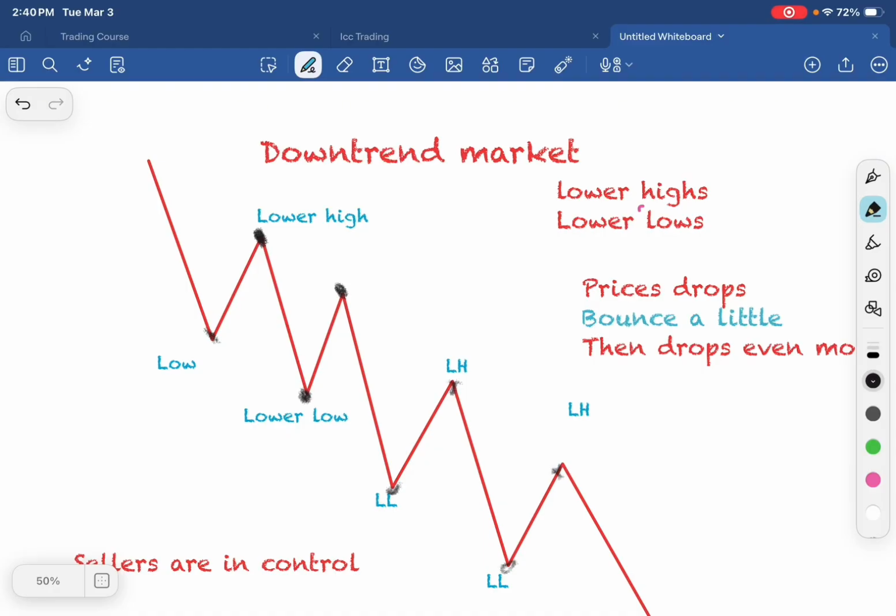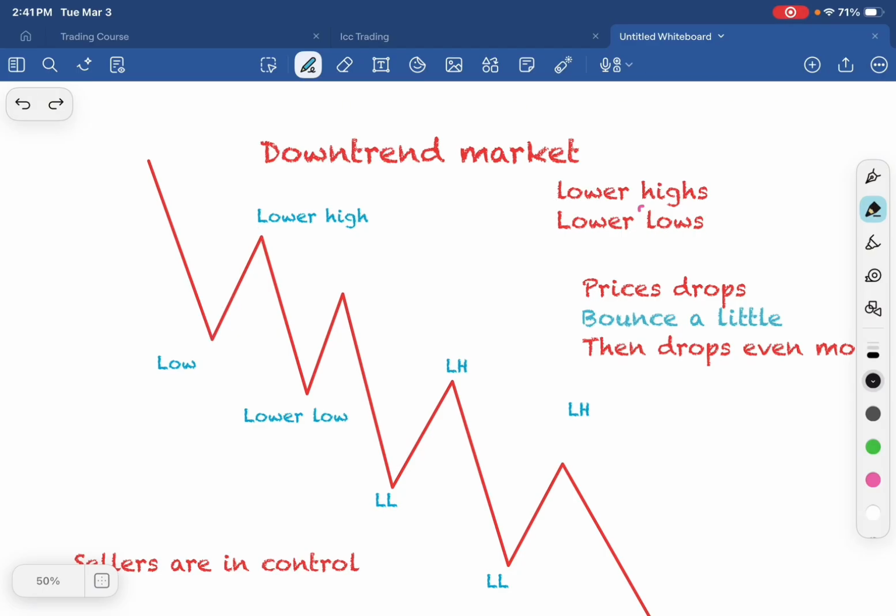So imagine price dropping. When price drops, it bounces back a little, like a ball bounces, then it drops a little further. Then the ball bounces, then it drops a little further, bounce back up, drop, bounce back up, drop. So this is how the market moves, creating lower lows and lower highs.